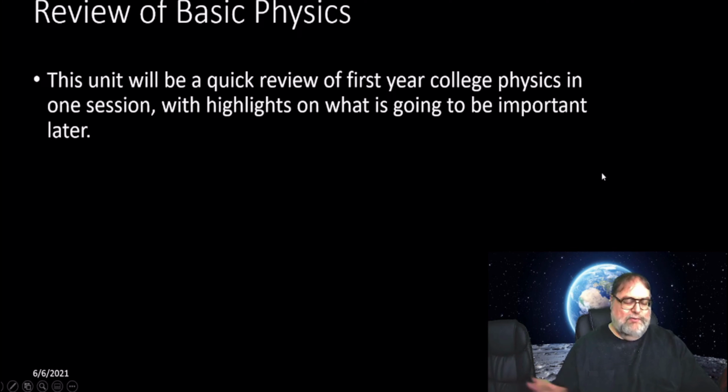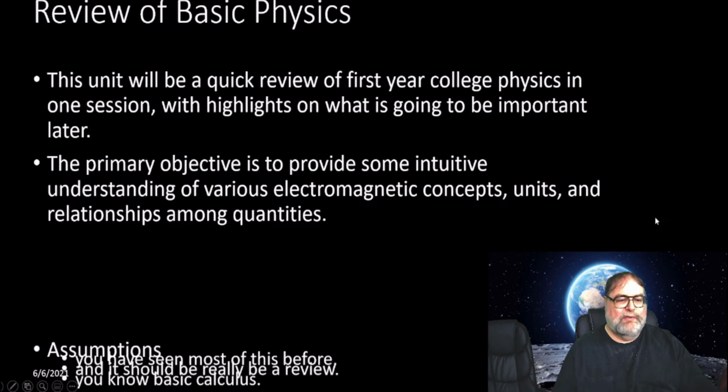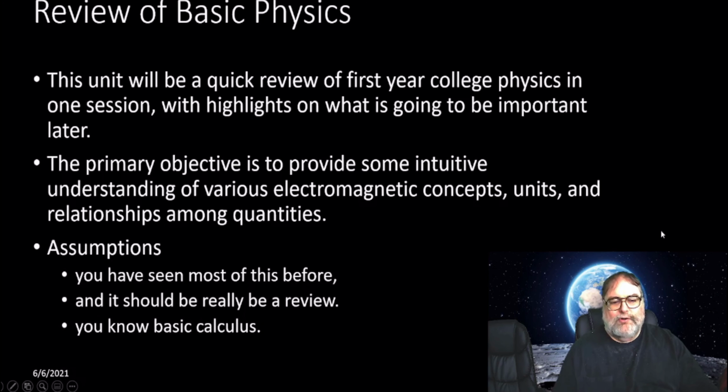It's just going to be done quickly, just to remind you of some of the concepts you probably already have seen. The primary objective is for training your intuition on some of these concepts and the relationship between the quantities. So again, we're going to assume you've seen most of this before. It really should be a review.